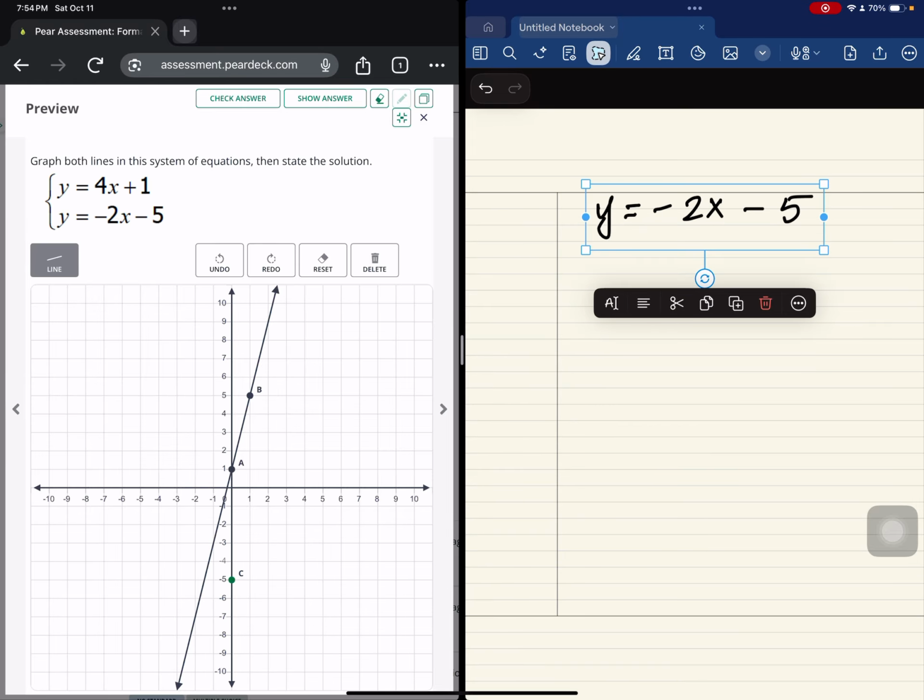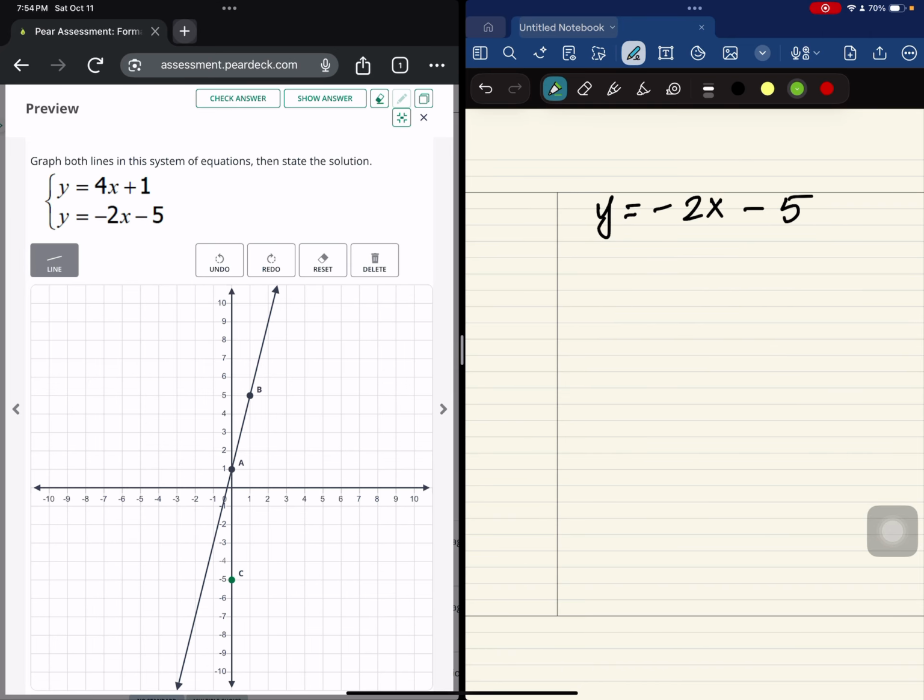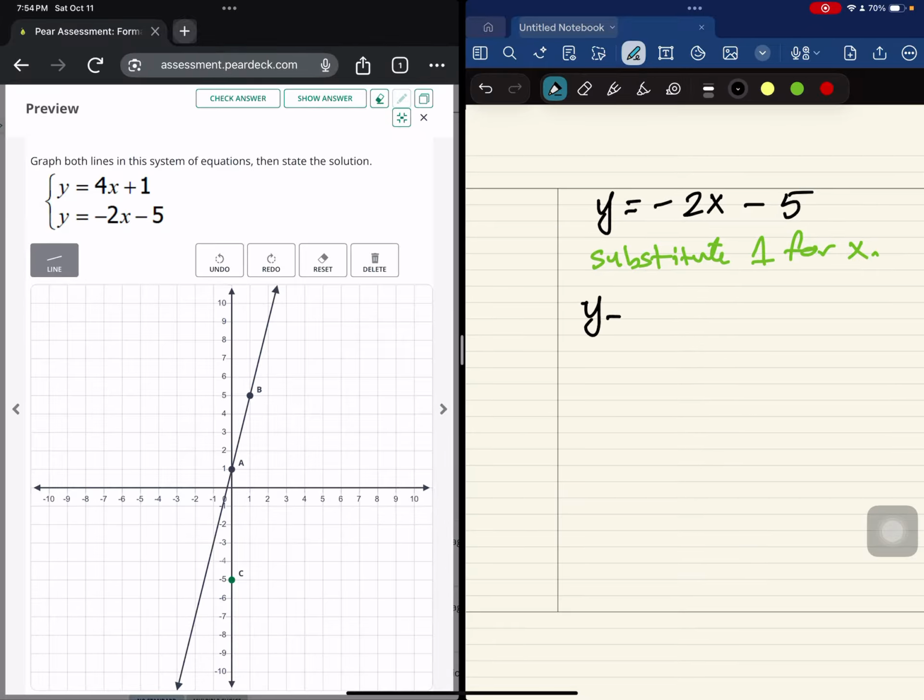For example, we can substitute 1 for x as follows. Y is equal to -2x minus 5.